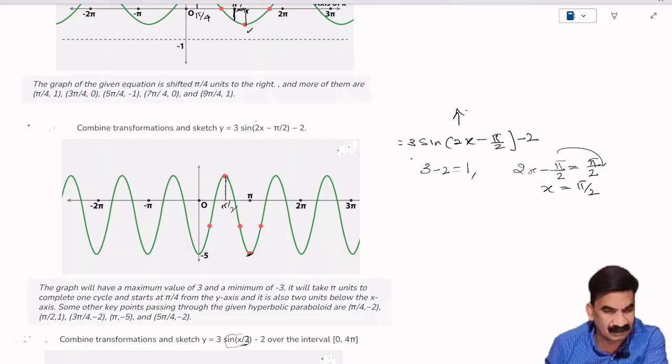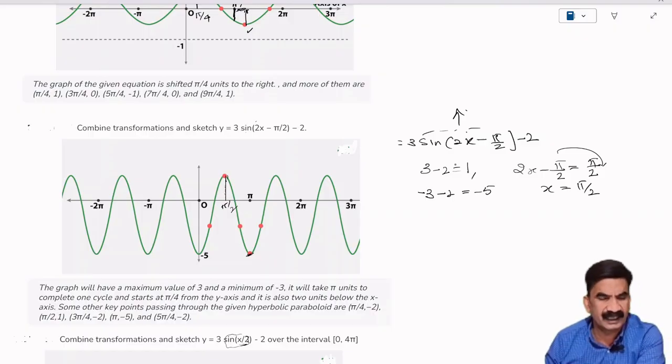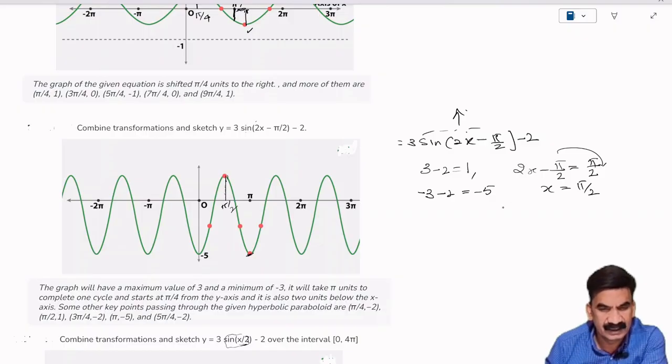How about the minimum value? We just check two values. So the sine has to be minus 1. In case it is minus 1, the value will be minus 3 minus 2, which would be minus 5. And sine is minus 1 at 270 degrees, right? So 270 means 90 into 3, so 3 pi by 2, correct?